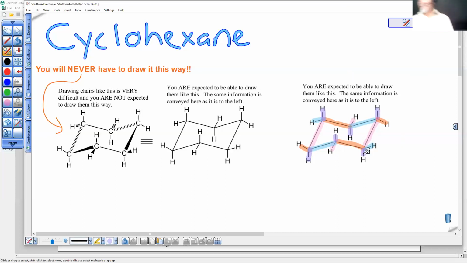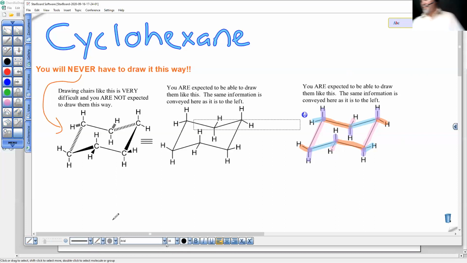All right, so let's get our color scheme going on here with a purple action. Let's go this way. Straight up and straight down.